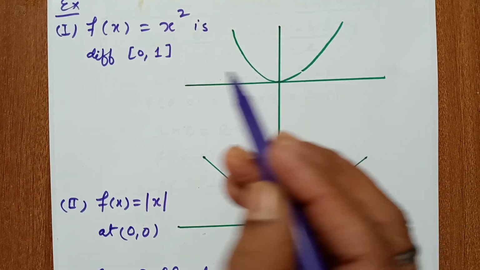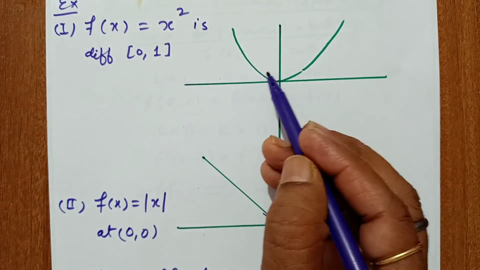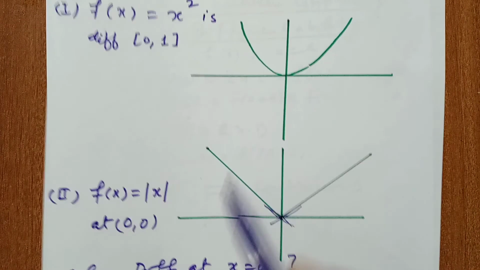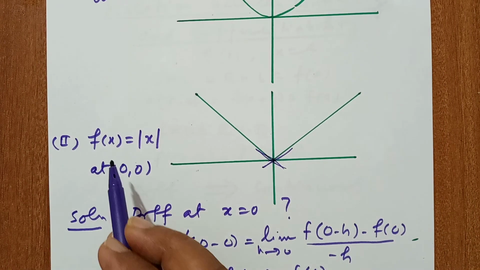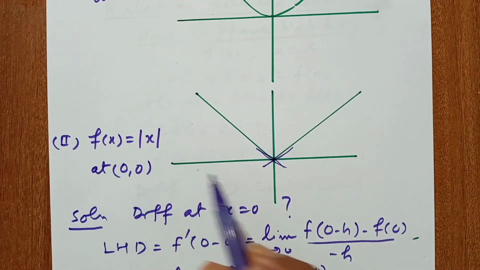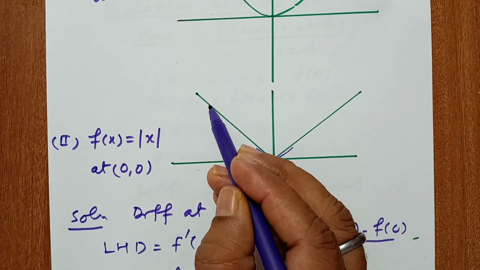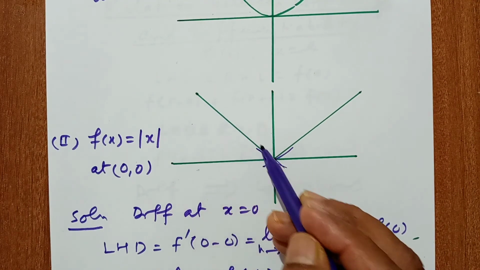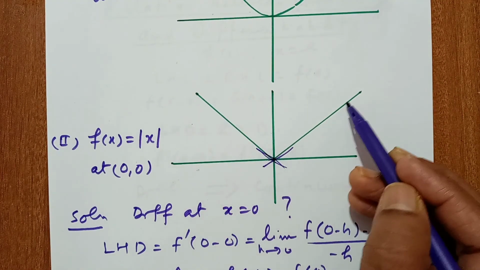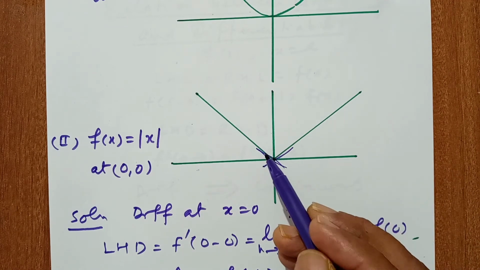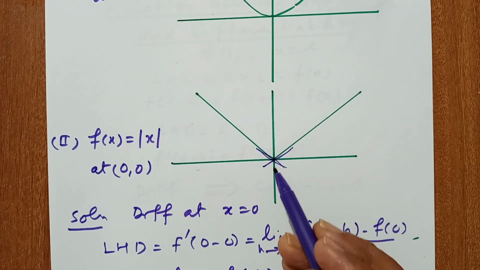So this is differentiable as well as continuous. But see another very nice example, f(x) is equal to mod x. This is continuous, since if we start from here there is no break, but it is not differentiable at x is equal to 0.